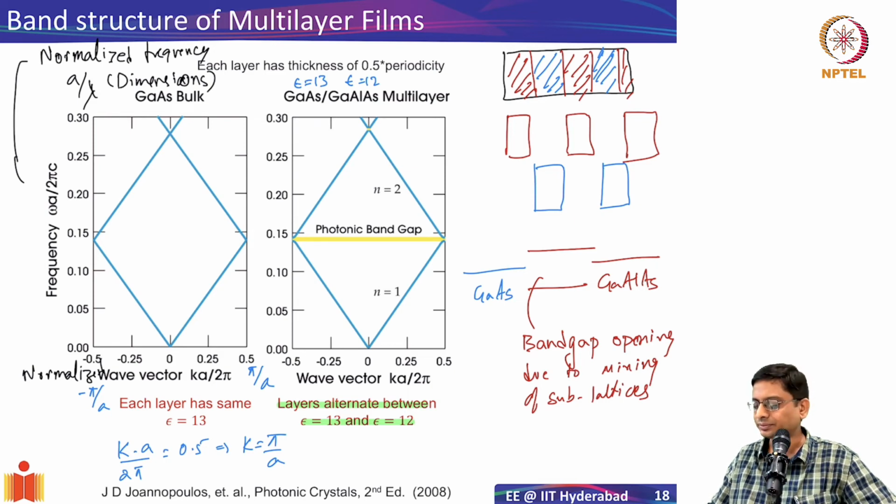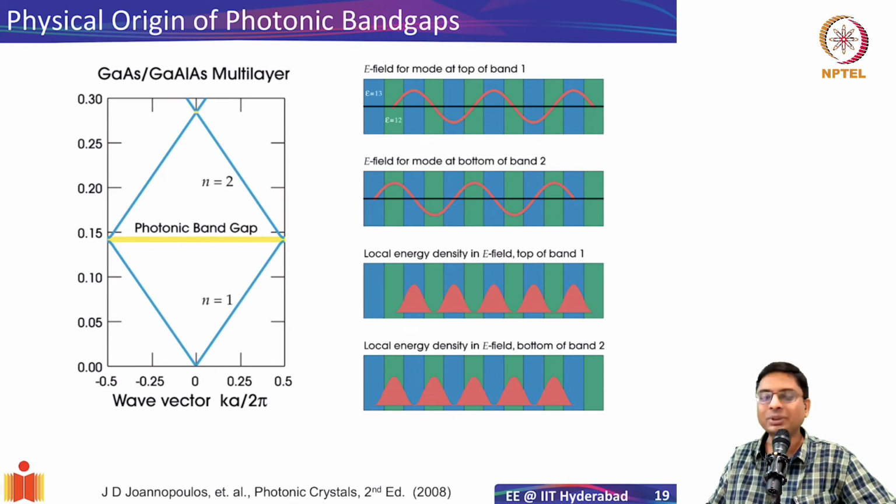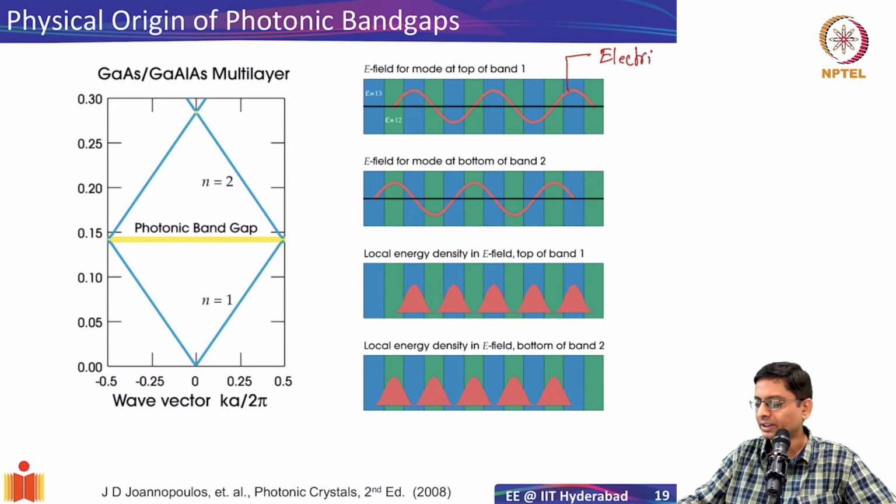Okay. Something more interesting is there in this. That is, how does the wave behave in these two different structures? Effectively, what it means is you can have one solution wherein the wave is confined to the high refractive index. So in this case, the electric field is in the epsilon equal to 13 medium.